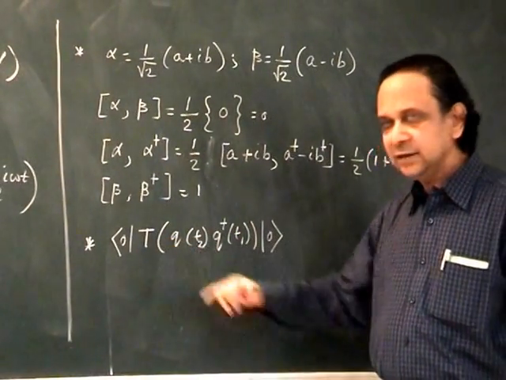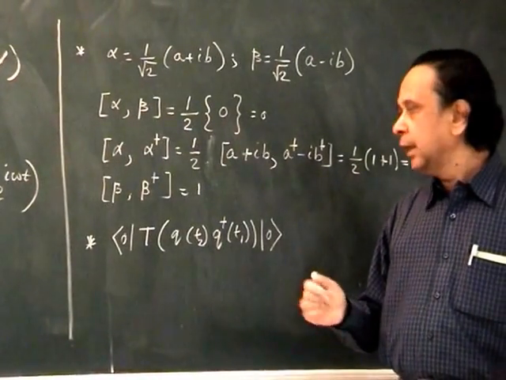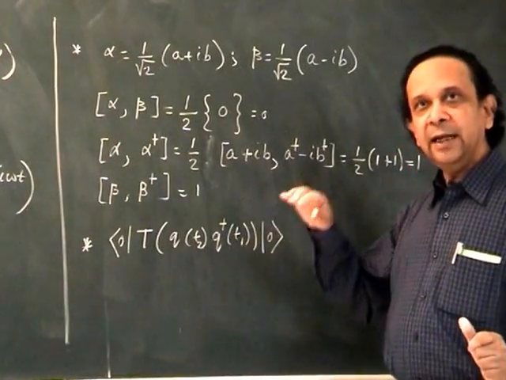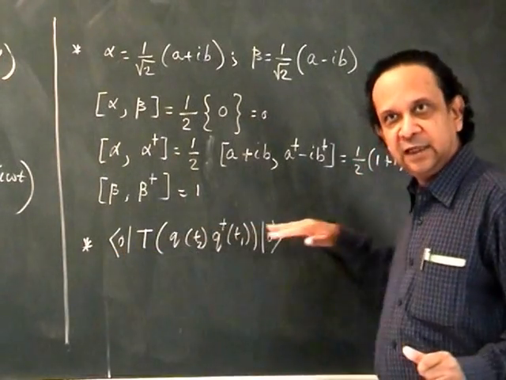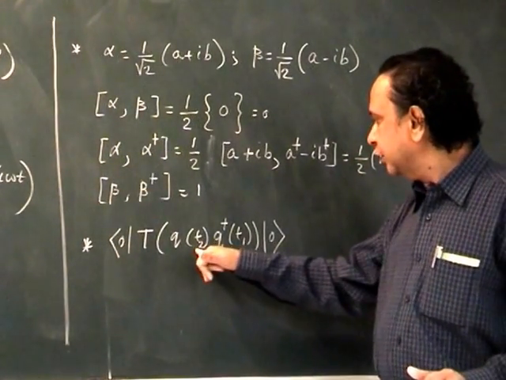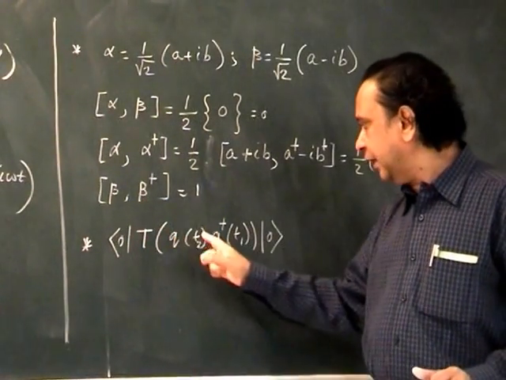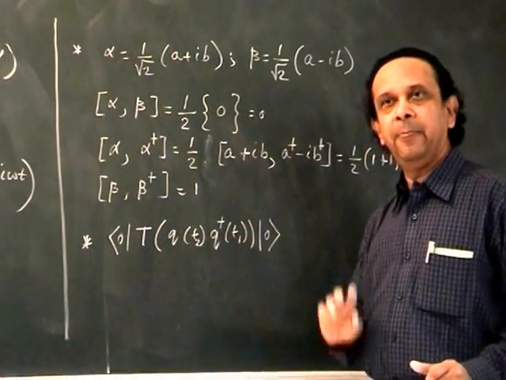This capital T stands for what I introduced as a time ordering operator. It tells you that time flows from this end to this end. I mean, things propagate from x1 to x2, etc. like that. So if t2 is greater than t1, don't do anything. If t2 is less than t1, you flip.